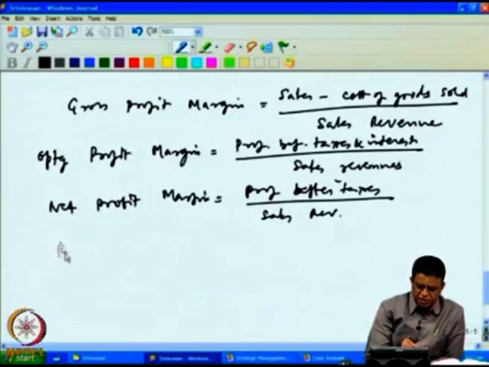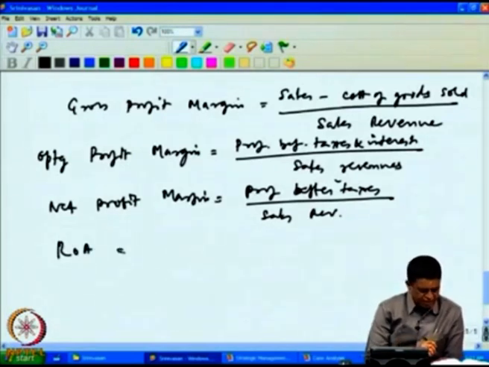Then the next one we are interested in is what we call the return on assets. How do we calculate the return on total assets?